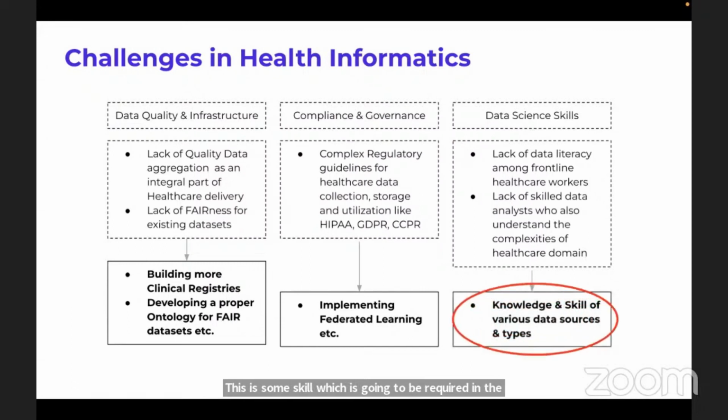This is where the knowledge and skill of various healthcare data sources and data types come in: how to clean them, how to standardize them, how to curate them, how to conceive important models, and how to build, test, and deploy those models. This entire skill set is going to be very rare in the coming future.